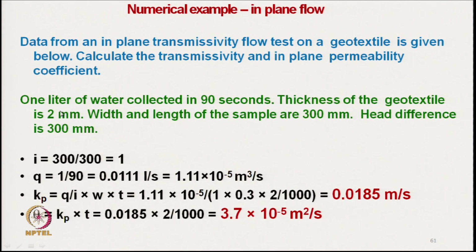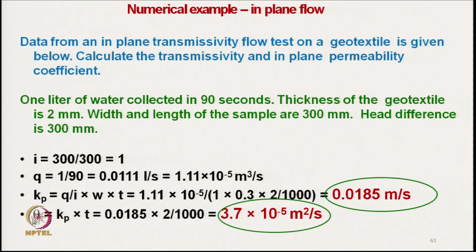So, head difference divided by length is the gradient, and Q is the water flow rate, and from there we can calculate the transmissivity and in plane permeability. This is the Kp value, and this is the transmissivity value, 3.7 multiplied by 10 to the power minus 5.